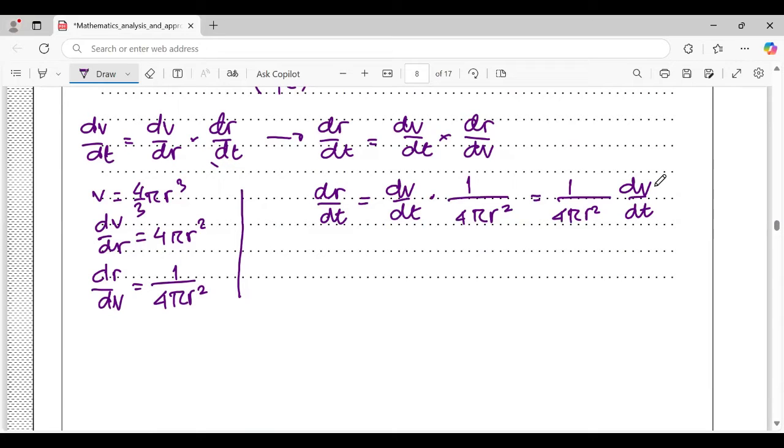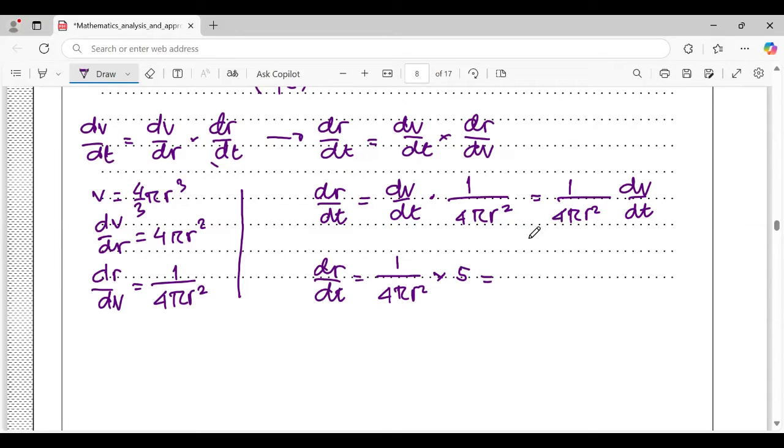We can substitute 5 into dV/dt, and dr/dt equals 1 over 4π r squared times 5.